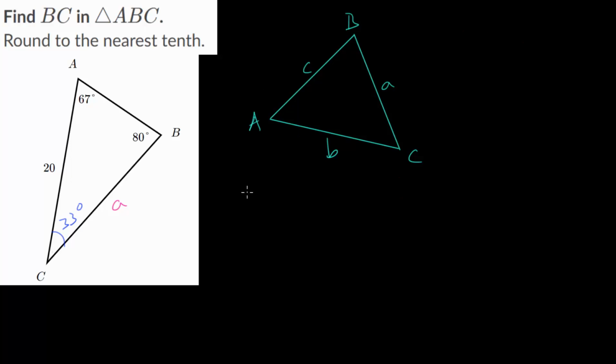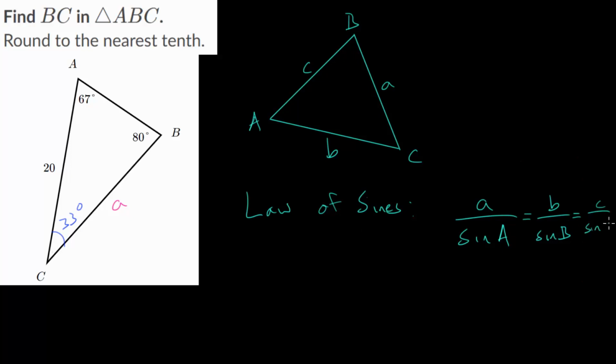The law of sines just states that the ratio of a to the sine of angle A is equal to the ratio of side length b to the sine of B, and this is also equal to the ratio of side length c over the sine of C.